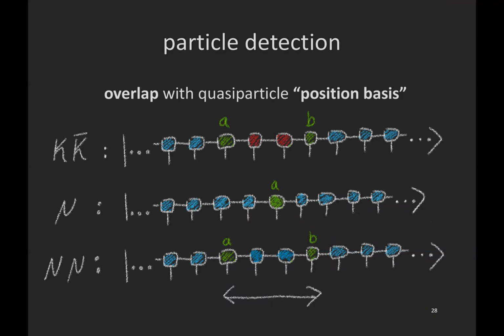I see. And for the second and third state, let's imagine that they carry some momentum. I would imagine you actually, in practice, took some momentum eigenstate. Yes. So to compute the particle content, we can indeed just take overlaps with momentum eigenstates.